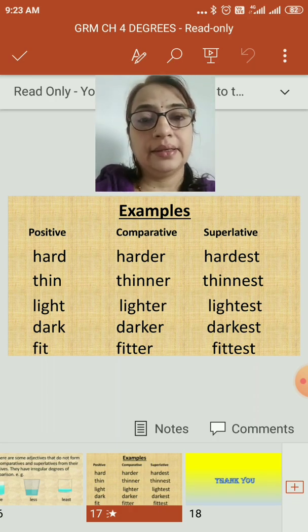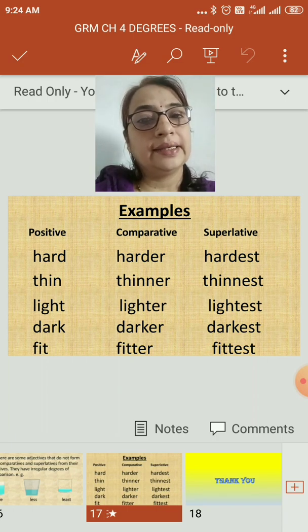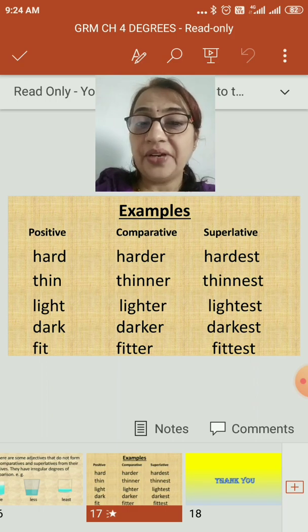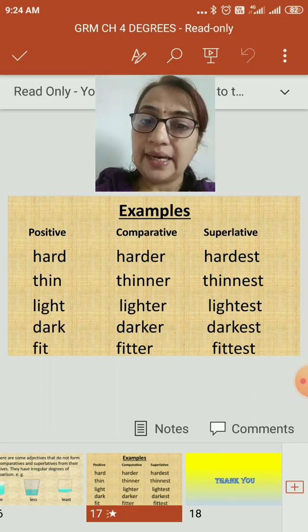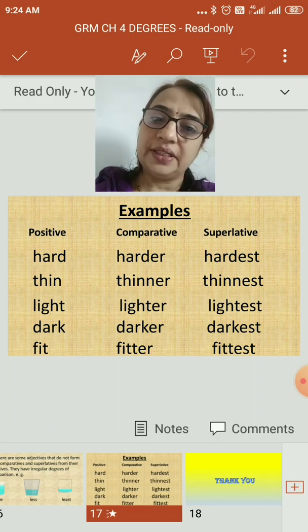Dark, darker, darkest. D-A-R-K dark, D-A-R-K-E-R darker and D-A-R-K-E-S-T darkest. Then again fit, fitter, fittest. F-I-T fit, F-I-T-T-E-R fitter and F-I-T-T-E-S-T fittest.